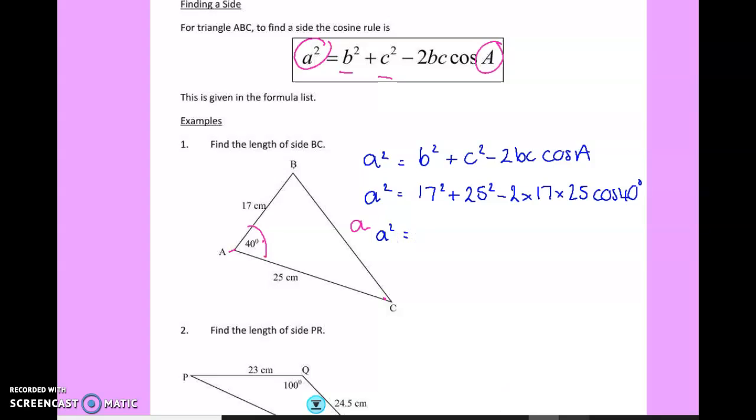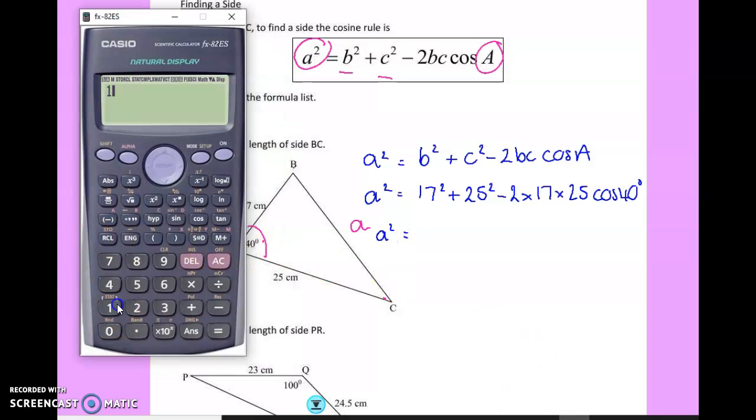Okay, let's type that into a calculator then. So 17 squared plus 25 squared minus 2 times 17 times 25 cos 40 equals 262.86.